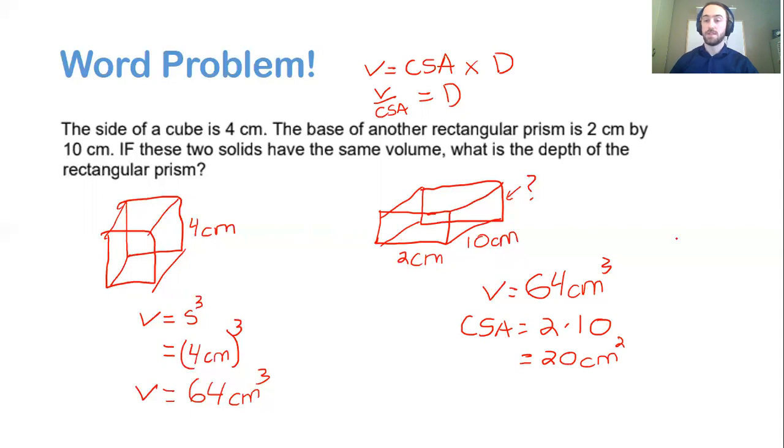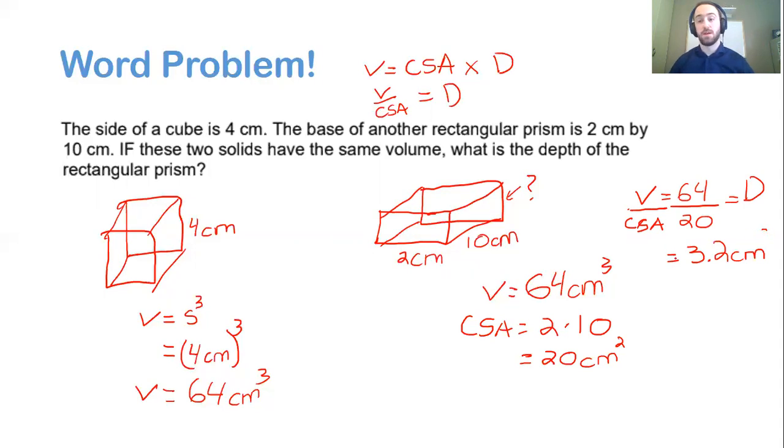And now, if we divide our volume of 64 divided by our cross-sectional area of 20, we will get our answer of the depth of the prism. And that's not squared or cubed because that is simply the depth of our prism.